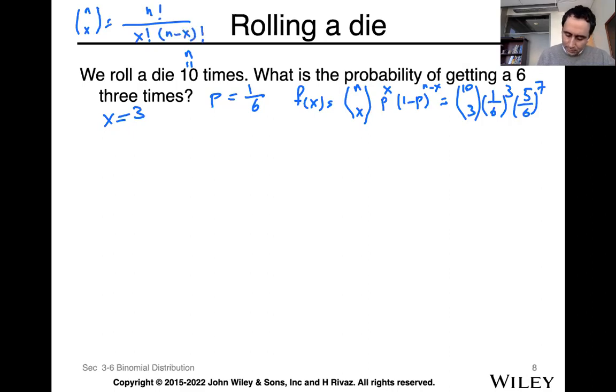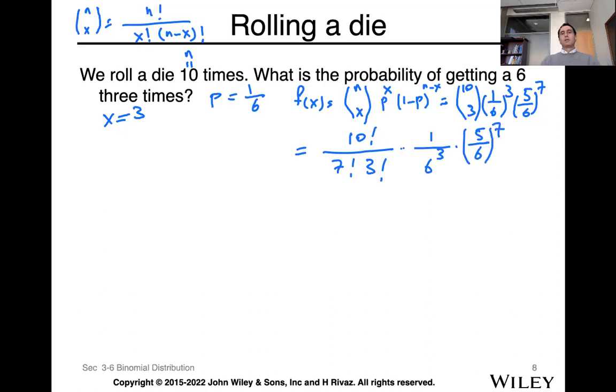So in this case, that is going to be 10 factorial divided by 7 factorial times 3 factorial, times 1/6 to the power 3, times 5/6 to the power 7. So that's the final answer. Did I answer the question? Yes. Okay. Any other questions?